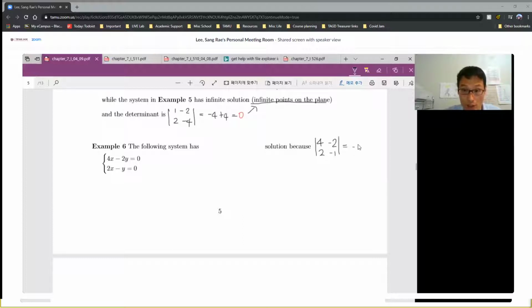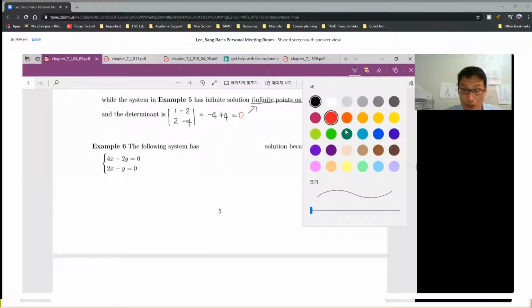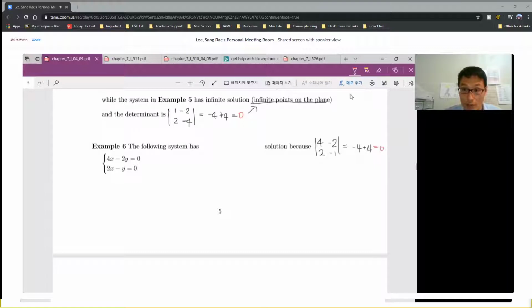Determinant is -4 plus 4, which is 0. That means this system involving this matrix has infinite solutions.